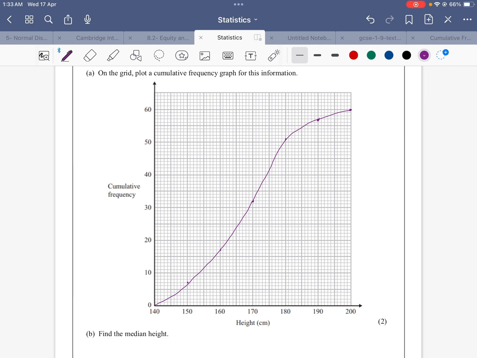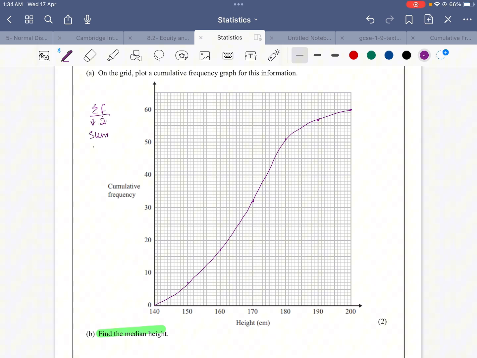Now there are certain points that you will have to calculate from here. For example, they have asked you to calculate the median height. Median height means you will have to look at frequency 30, because total frequency is 60, sigma f. Sigma means sum or total.